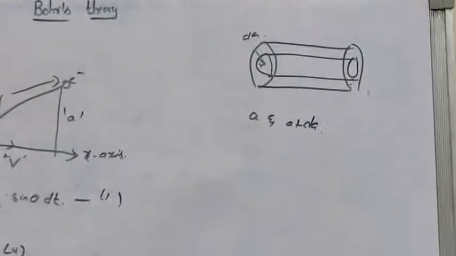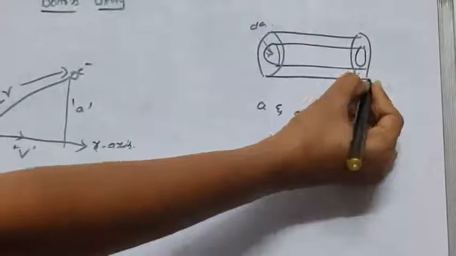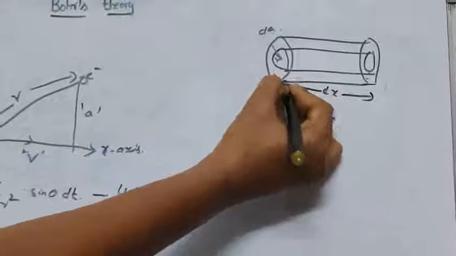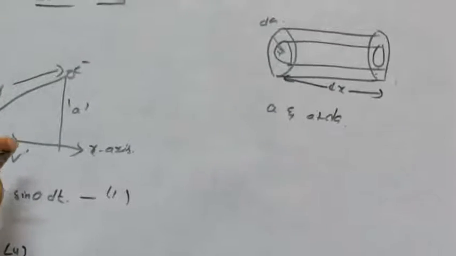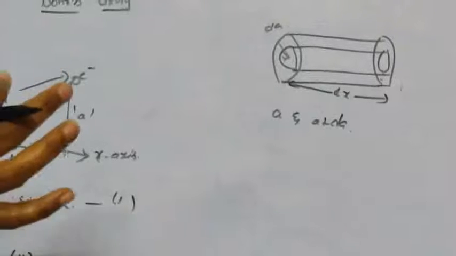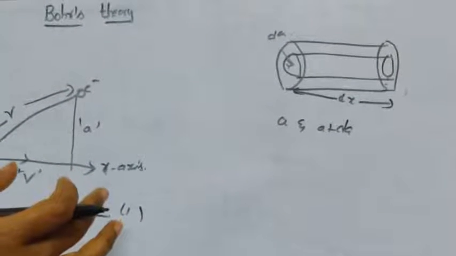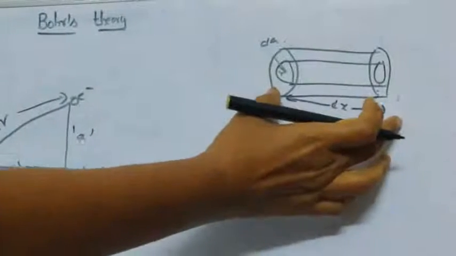and the length of this shell is denoted by dx, where the electrons will travel from one point of the shell to another point. Now assume that there are 2 pi N a dA dx electrons per length of this shell.